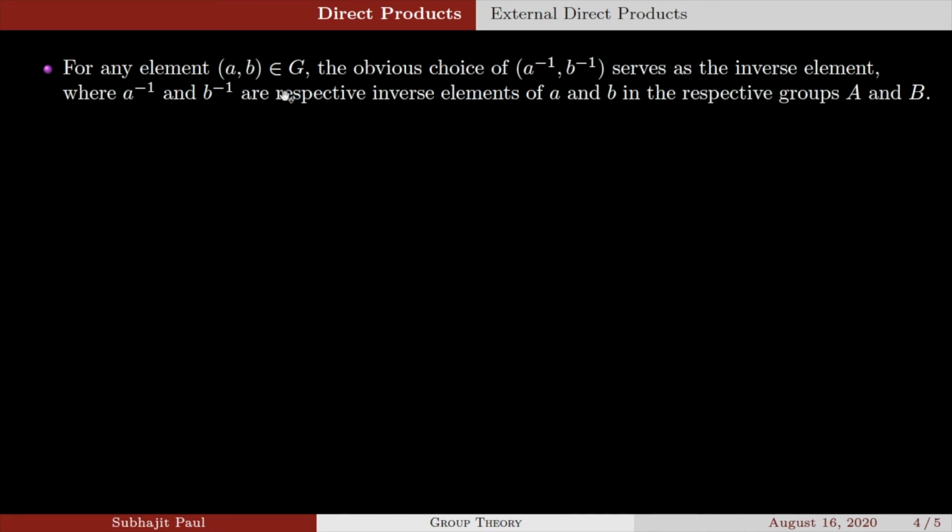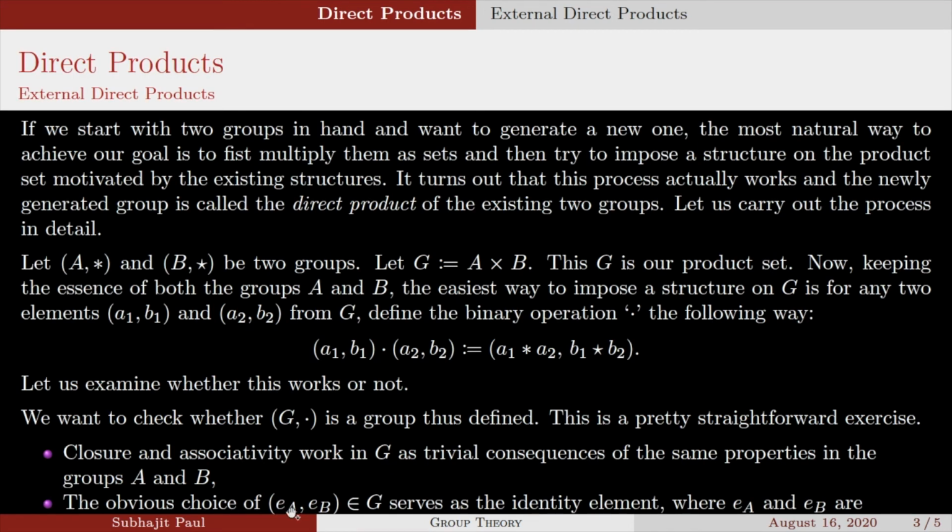So these two are quite differently generated elements in different groups. But in G, in A cross B, this serves as the inverse element. You multiply (A, B) with (A inverse, B inverse), you get the identity element back. What is the identity element? (EA, EB).